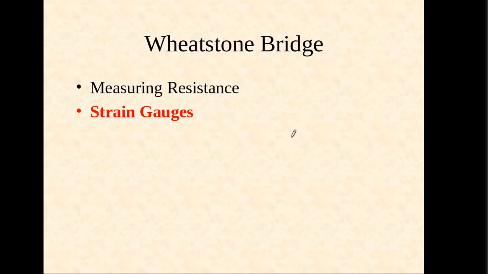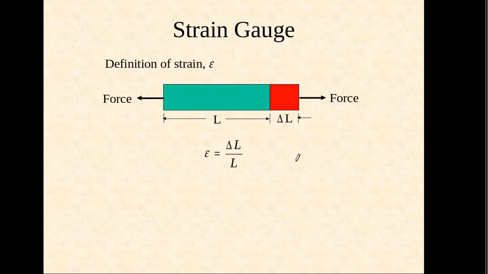Now how we can get the unknown resistance using three known resistances, by applying a strain gauge. The definition of a strain gauge is that when we apply force, the length of the strain gauge will increase.